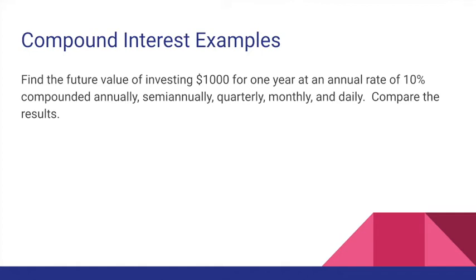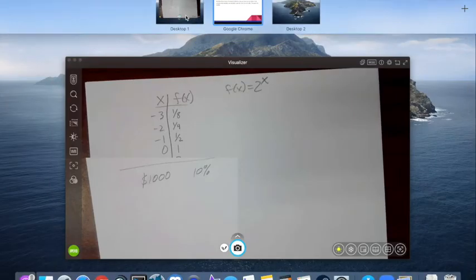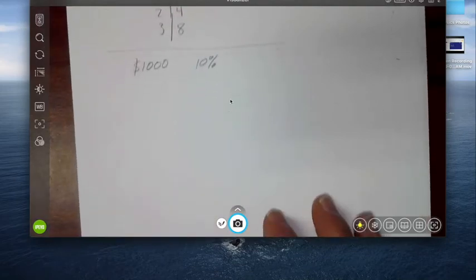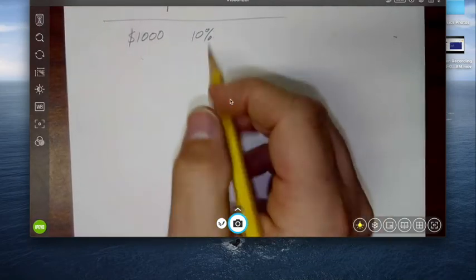Okay, so $1,000, 10% interest. We're just going to keep our time to 1 year for now, just to see what changes when we change the compounding. But our basic formula here: $1,000 at 10%.